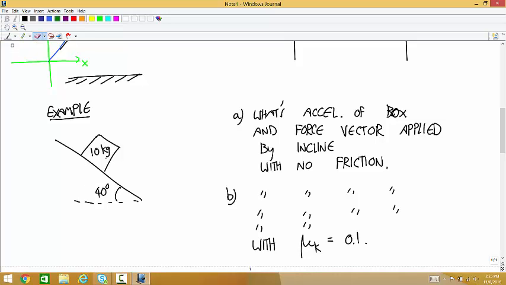All right, so in all of these, whether there's friction or not, we choose a coordinate system where the y-axis points directly out of the surface. And then the x-axis is whatever it has to be for that to be an acceptable coordinate system. So remember, all you can do with the coordinate system is start with the usual one and then rotate it.